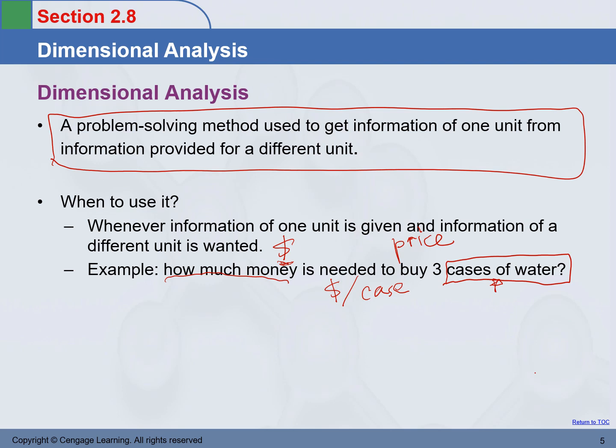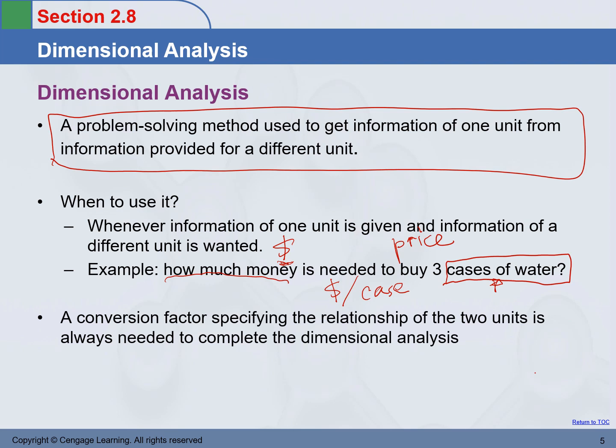We need a ratio of these two units, dollar and case. That is a conversion factor. A conversion factor is always needed to complete the dimensional analysis. A conversion factor specifying the relationship of the two units is always needed to complete the dimensional analysis.